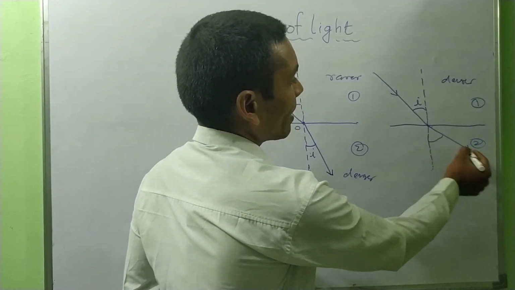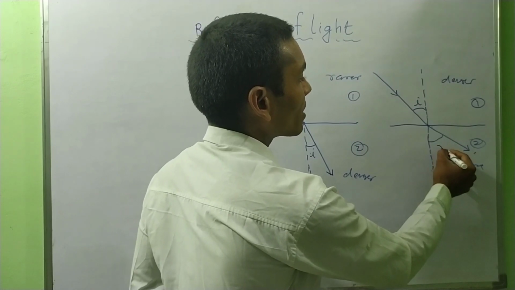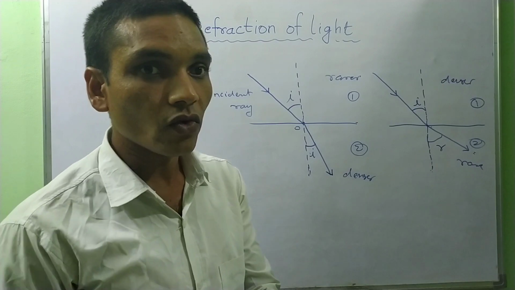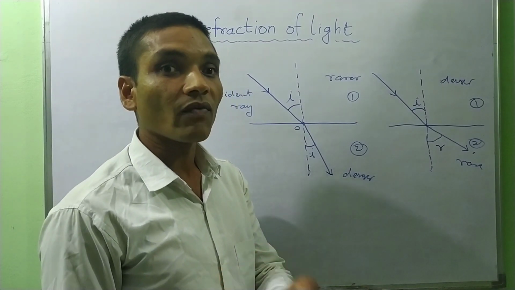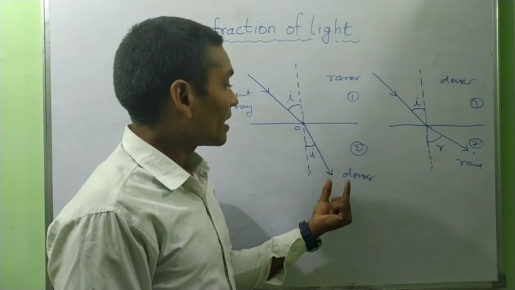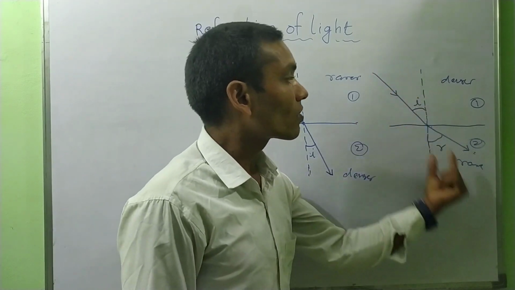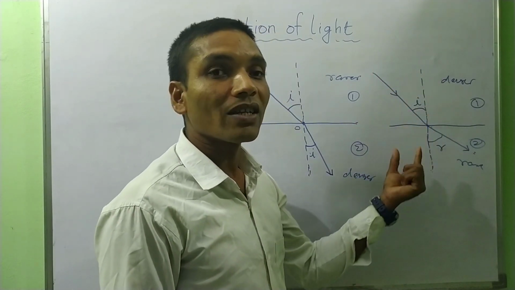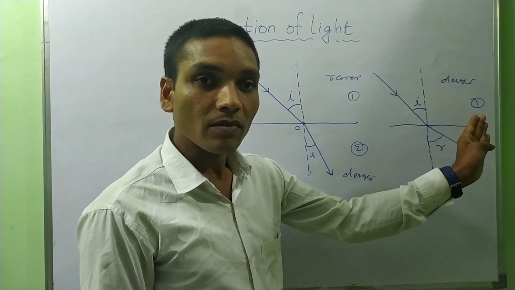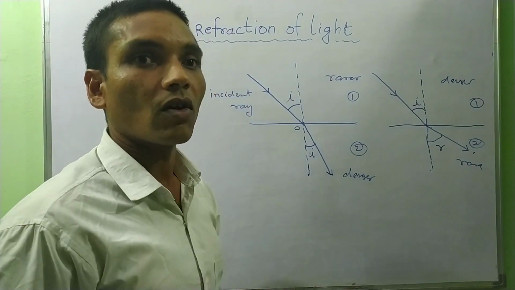The angle subtended by the refracted ray with the normal is called the angle of refraction. It is denoted by small r. So remember that when a light ray goes from rarer to denser, it bends towards the normal, and when it goes from denser to rarer, it bends away from the normal. Why this happens, we will understand later. So this is the refraction of light.